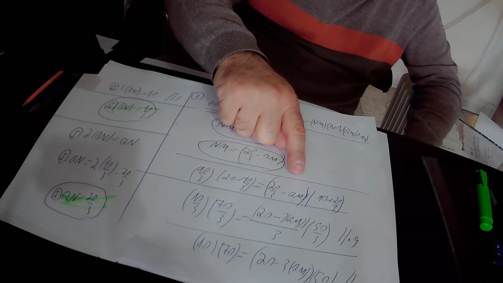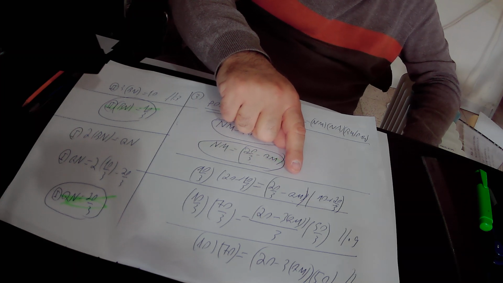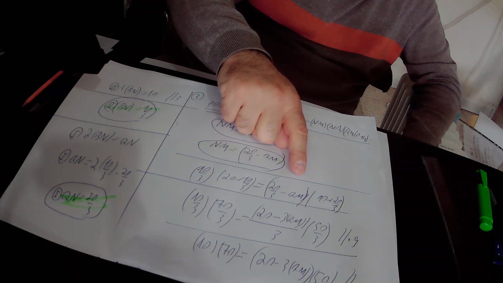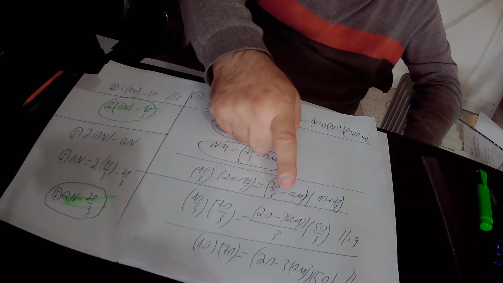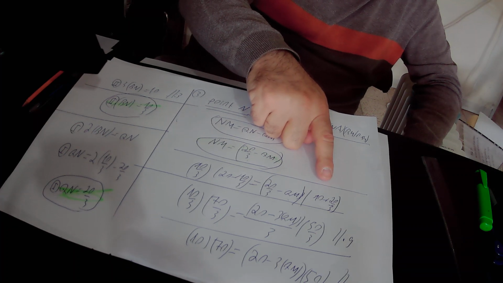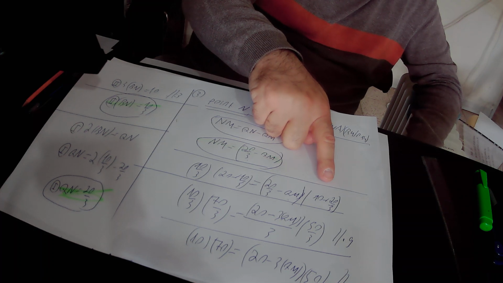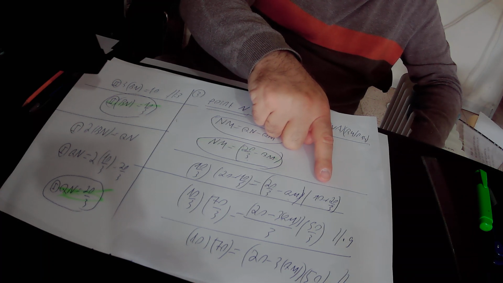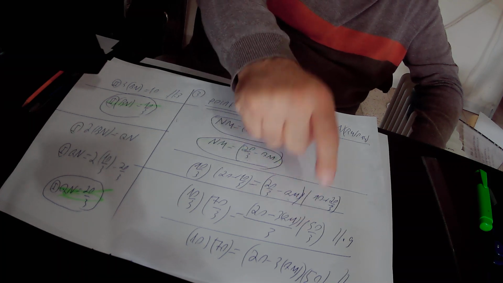We multiplied QM by 3 and divided by 3, so in the numerator we have 20 minus 3 QM, divided by 3, times 10 plus 20 over 3. You multiply 10 by 3 and divide by 3: 10 times 3 is 30, and 30 plus 20 is 50. So the numerator is 50 divided by 3.